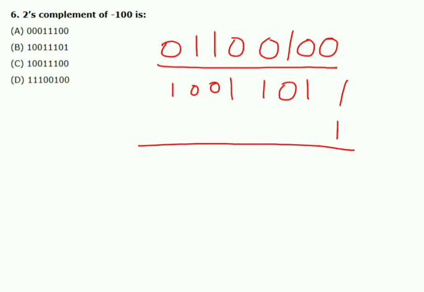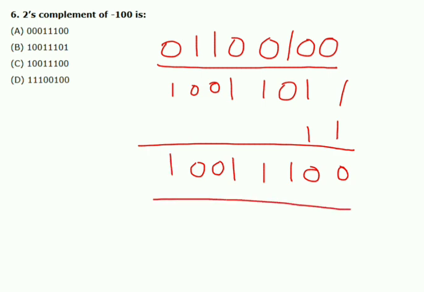So we will get the answer 10011100. So this is the 2's complement of minus 100. The correct option is option C.